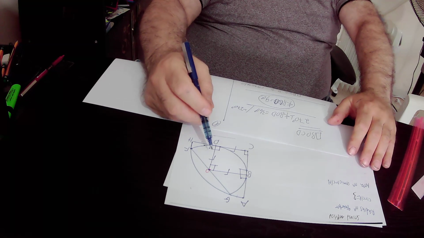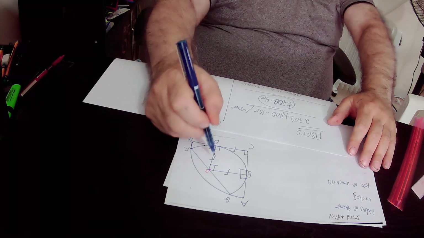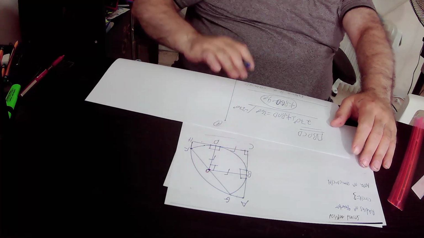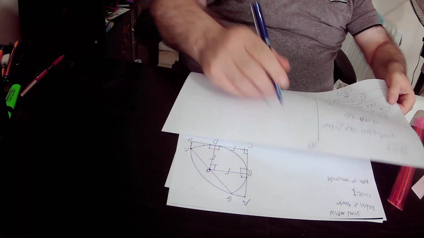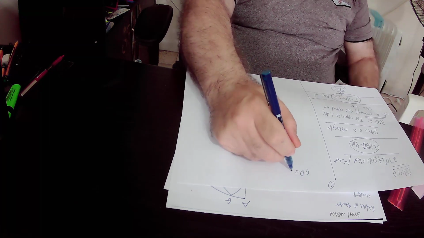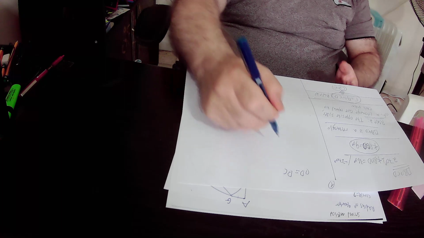Likewise, according to rule number 2, OD must be equal to BC. Side OD must be equal to side BC in rectangle OBCD.